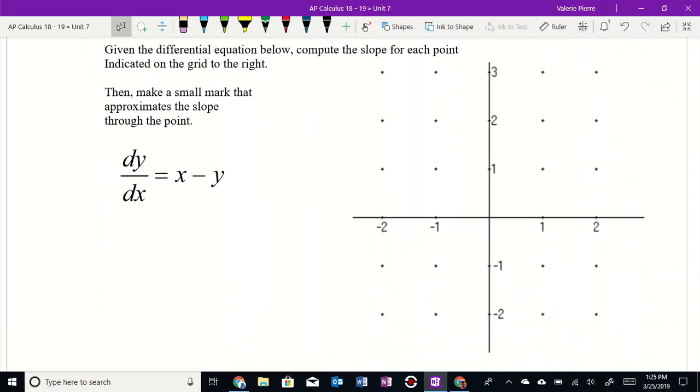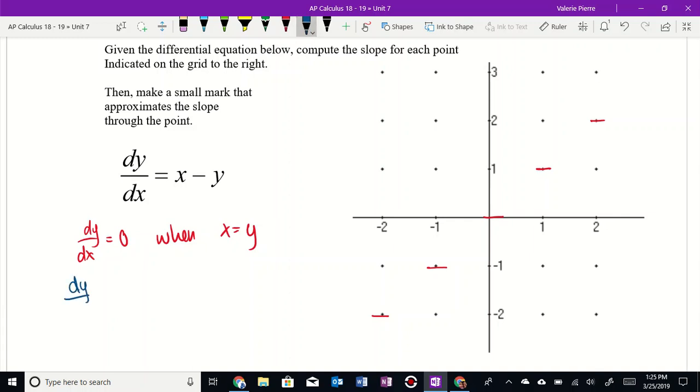Okay, so given the differential equation below, we want to compute the slope for each point. So again, we're going to find when dy dx equals 0. That occurs when x is equal to y. So anywhere that x equals y, I'm going to create a horizontal tick mark. And on the AP exam, as long as you have those zeros, that's at least 1 point on the FRQs.